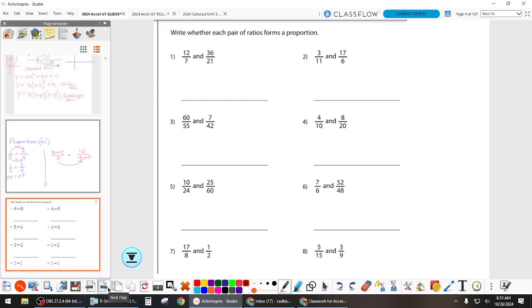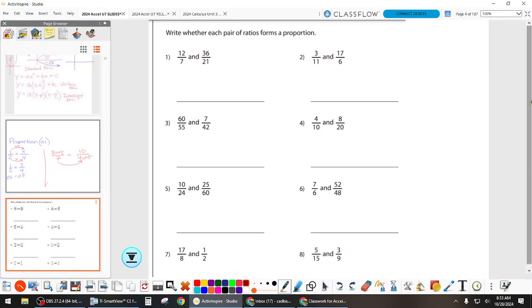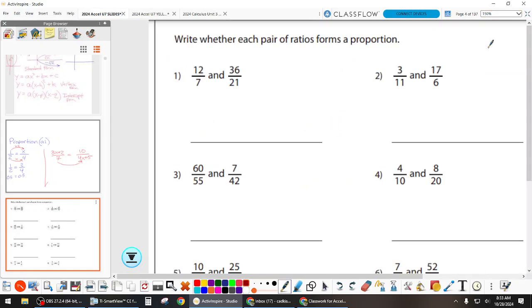So you might grab your calculator for this. Write whether each pair of ratios forms a proportion, and what is a proportion? The unit is based on proportional relationships. That's funny, they're almost similar.